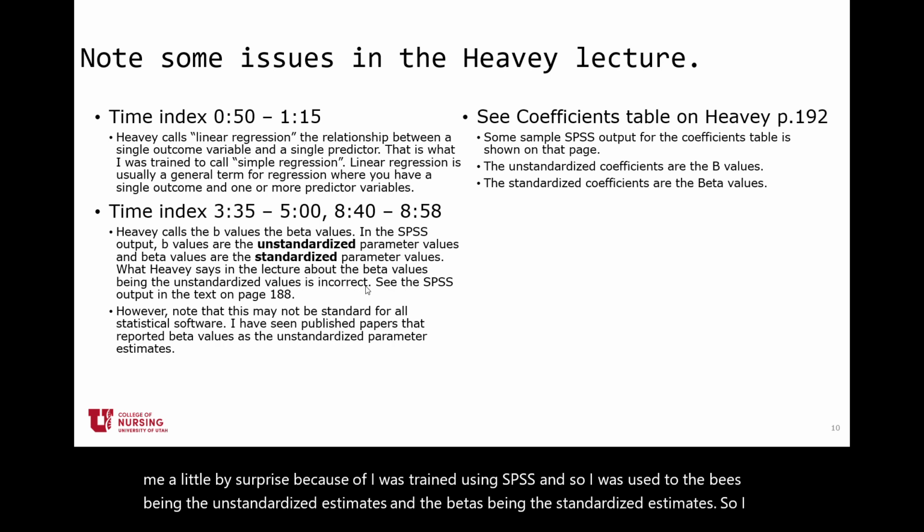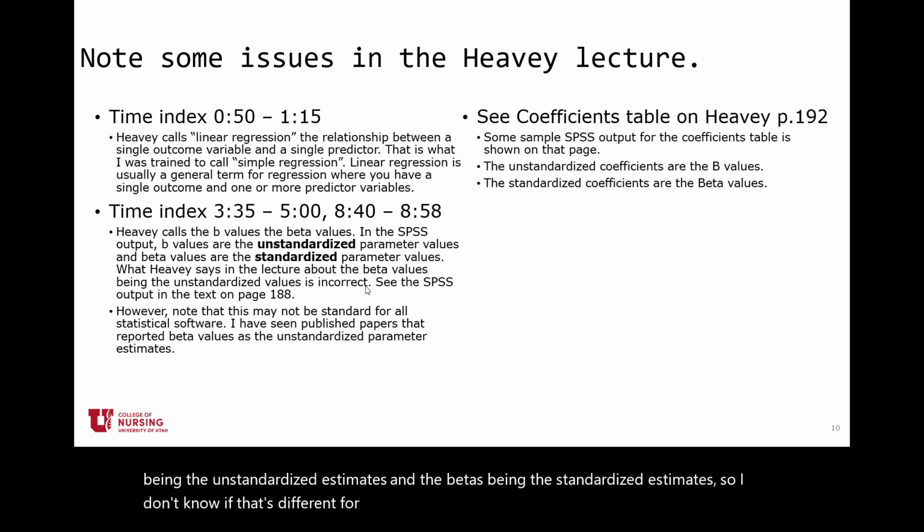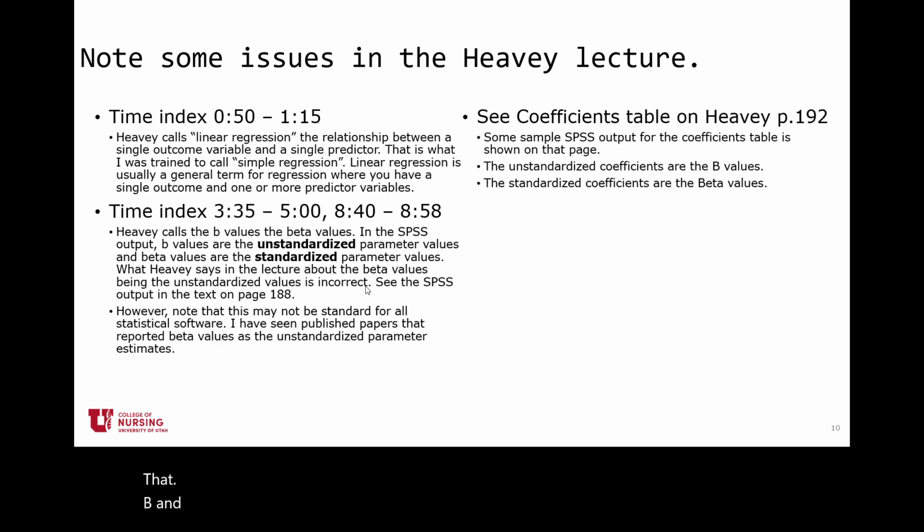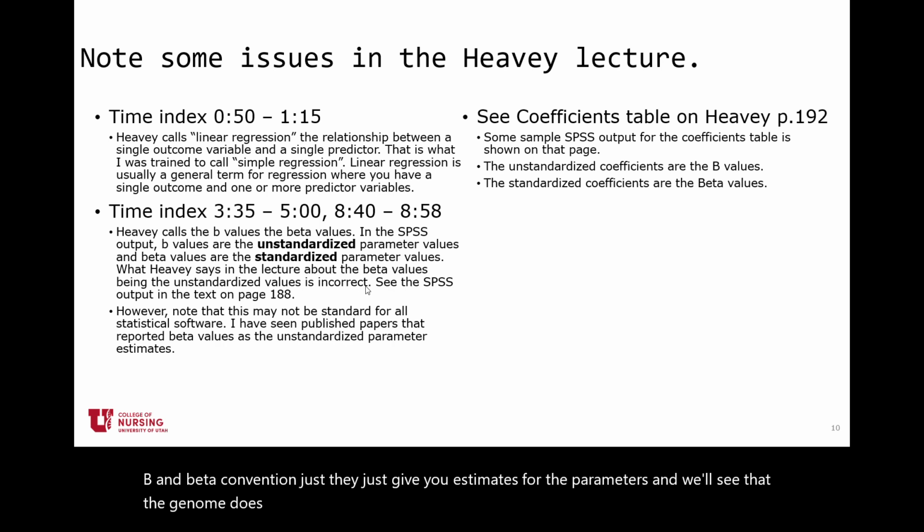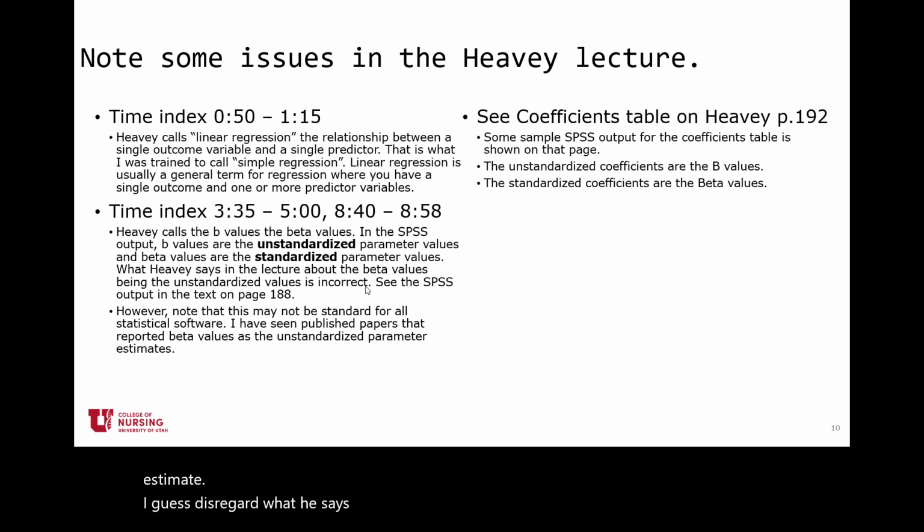So I don't know if that's different for other statistical software. I checked in R, and they don't use that B and beta convention. They just give you estimates for the parameters, and we'll see that jamovi does the same thing. They just call it an unstandardized and a standardized estimate. So I guess disregard what Hevy says there. That doesn't match SPSS, what she's using.